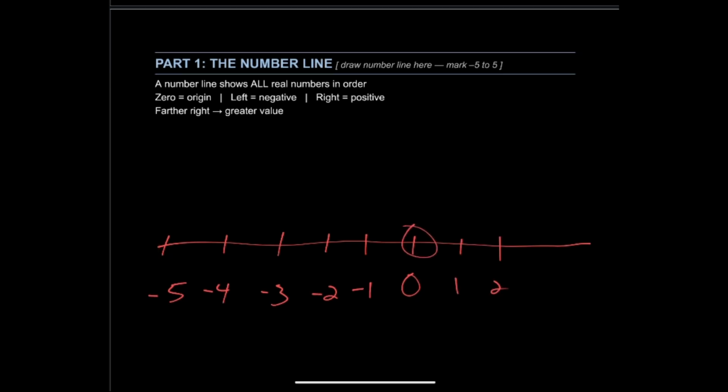You go 1, 2, 3, 4, and 5. Positive numbers go to the right of 0, and negative numbers go to the left of 0. The farther right you go, the more positive you go, and the farther left you go, the more negative you go, the smaller numbers.